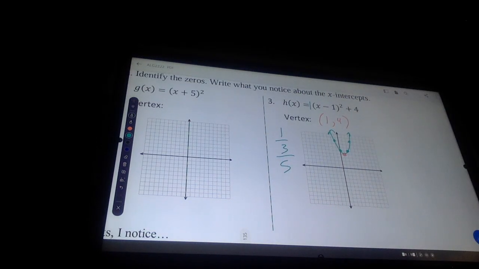Okay, friends, will this parabola cross the x-axis? No. So what this means is if I had completed the square, I'm going to get i as part of my answer. Okay? It means it's part of the imaginary number system, which is then part of the complex number system.